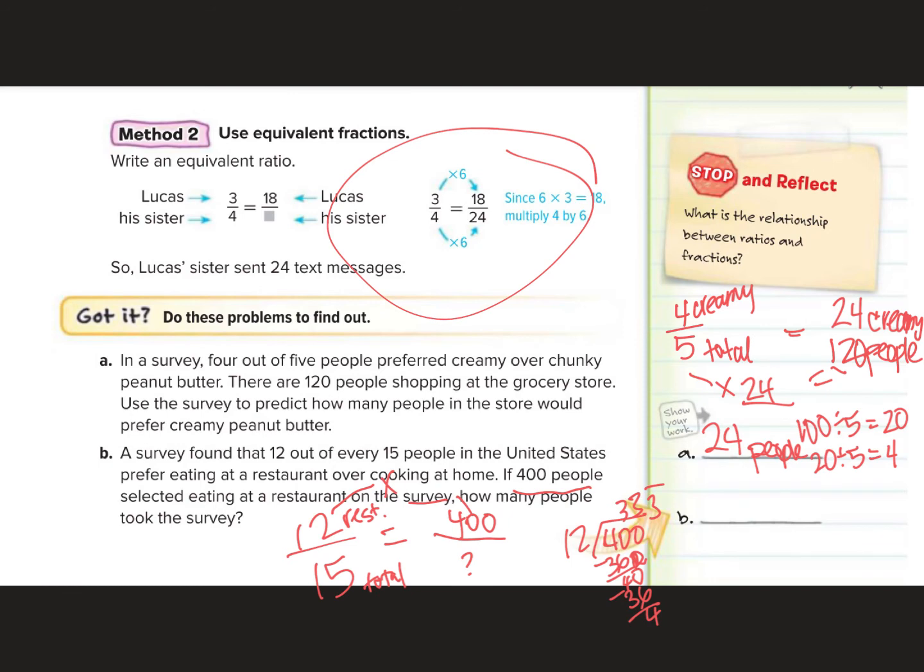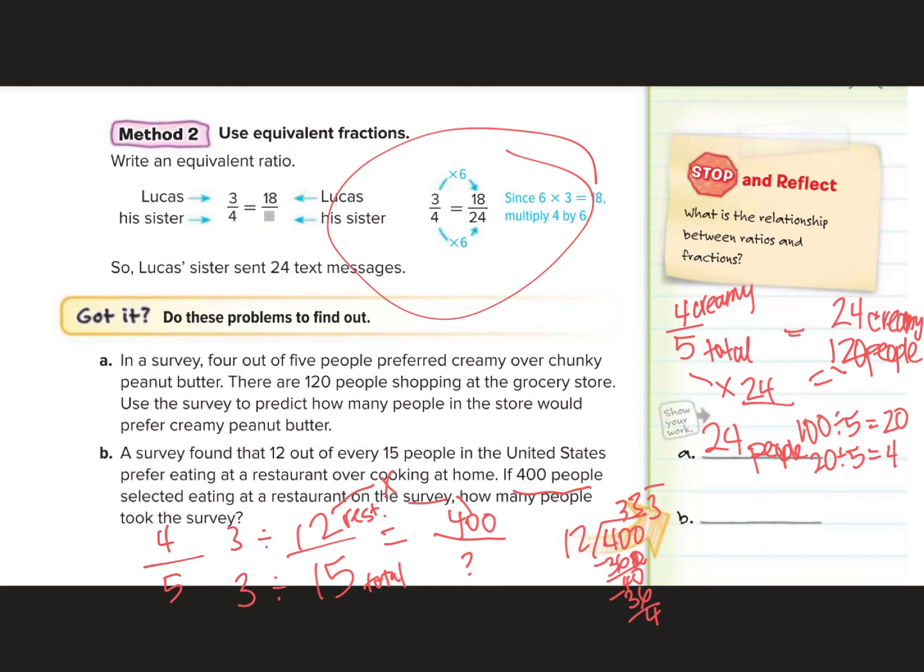So now my brain is stumped here. I can't go straight from 12 to 400, but I wonder if I divided both of these by 3, I would go down to 4 over 5. Well, can I go from 4 to 400? Yeah, I can do that.